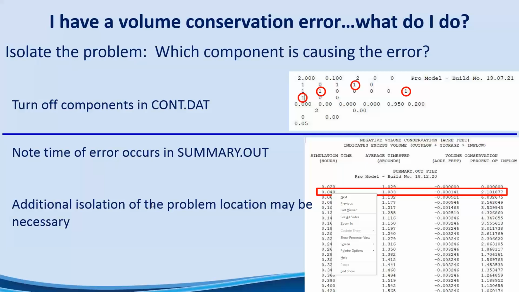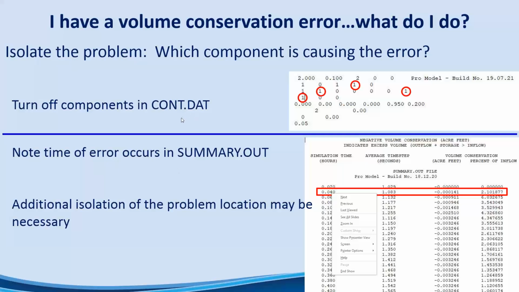Now, let me say that volume conservation is an accounting issue. It has nothing to do with routing the flow through the model. It's adding up all the inflow and rainfall, all the sources in your model, and comparing it with what is left in the model. It's just accounting.